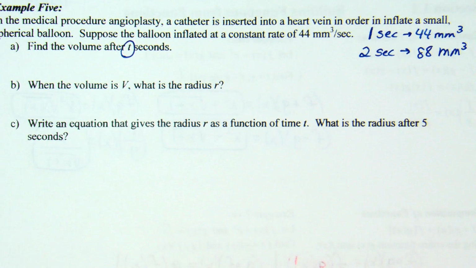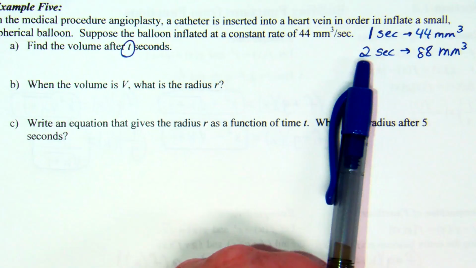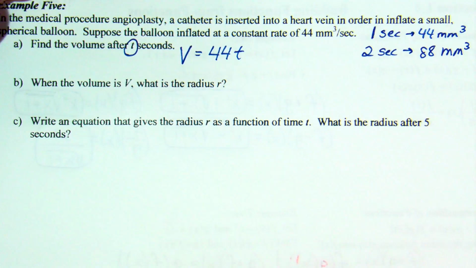We could just do a T-chart, and write 1, 2, and then T. But I don't even have to, and that's kind of what I've already done here. If I listed the information, 1 second, it's 44. 2 seconds, it's 88. 3 seconds, you would multiply 44 times 3. So our volume, for the purposes here, is going to be 44T.